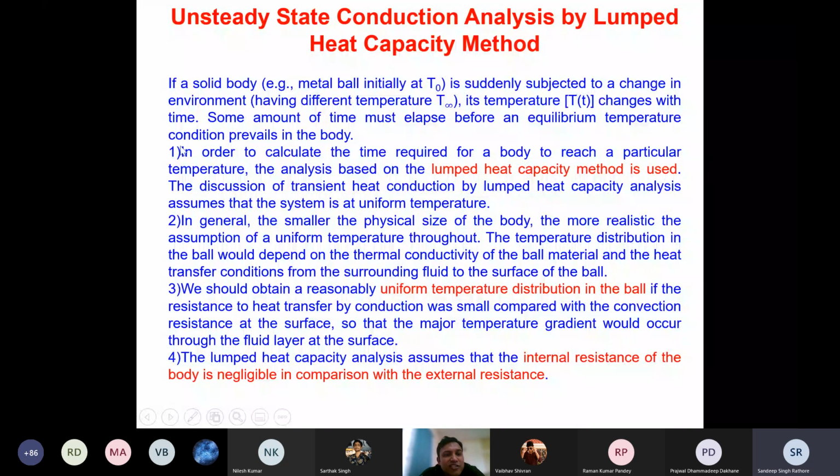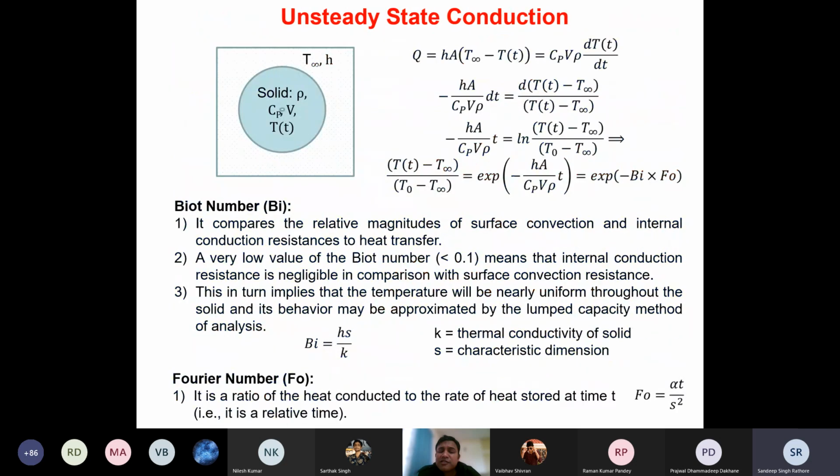So its temperature T(t) changes with time. Some amount of time must elapse before an equilibrium temperature condition prevails. That means whatever final temperature this body is going to achieve, there will be some time required. Now in such cases, an interesting question is: if this metal ball, which is at room temperature, let's say 25 degrees Celsius, is suddenly put into water at 100 degrees Celsius, how much time will it take to reach a temperature of, let's say, 50 degrees Celsius?